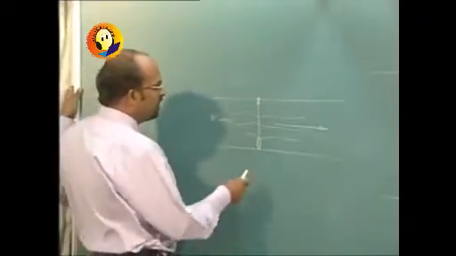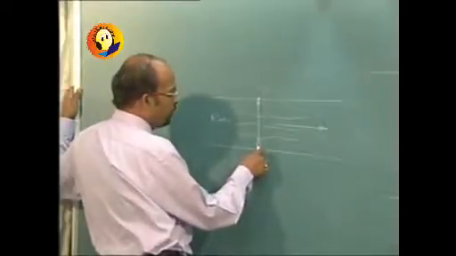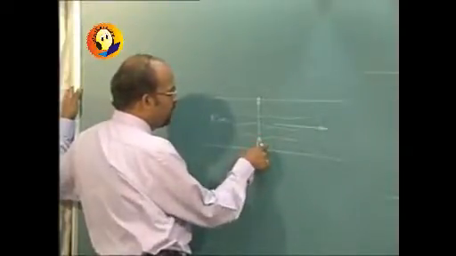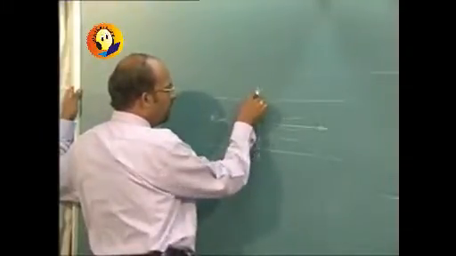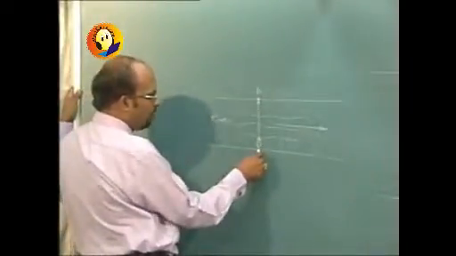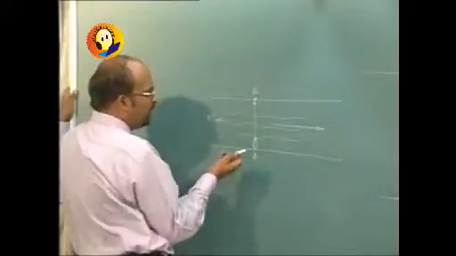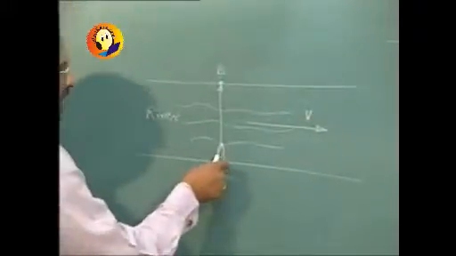The question is, in what direction should this boat be paddled so that we will reach exactly point B, which is perpendicularly opposite, on the other side of the bank? From A, if we want to reach B, in what direction should we be driving that boat?